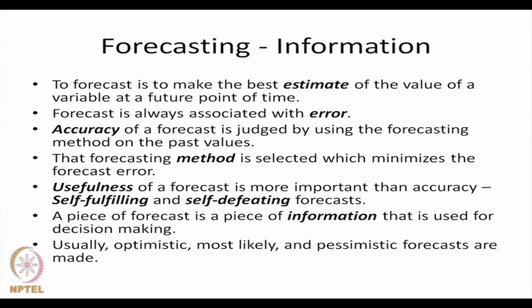There will always be an error between the forecast made and the actual value of the variable at that point of time. This difference is usually called the forecasting error.